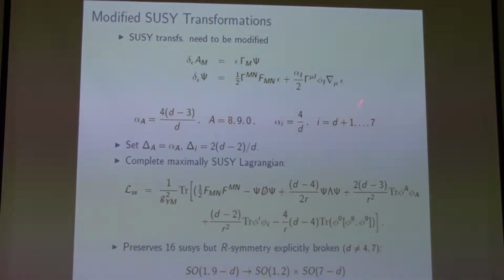So there's no breaking. But what about the last term? This is still invariant under SO(1,2), because it's proportional to an epsilon tensor. Yeah, it's completely antisymmetric.